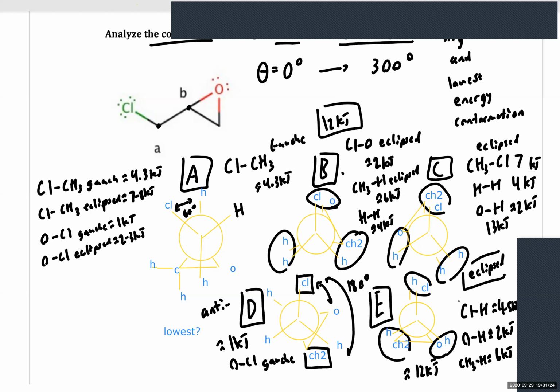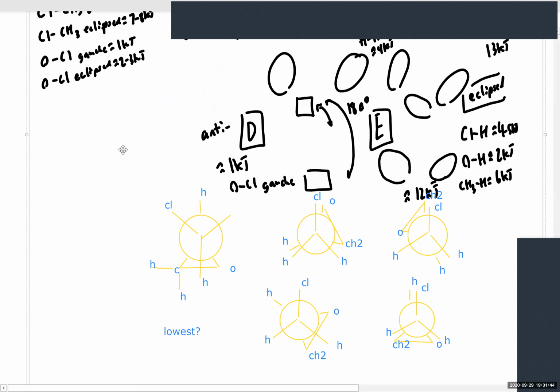Give me one moment, and I'm going to copy this page so that we can view the student response along with how I, as an instructor, would solve this problem.